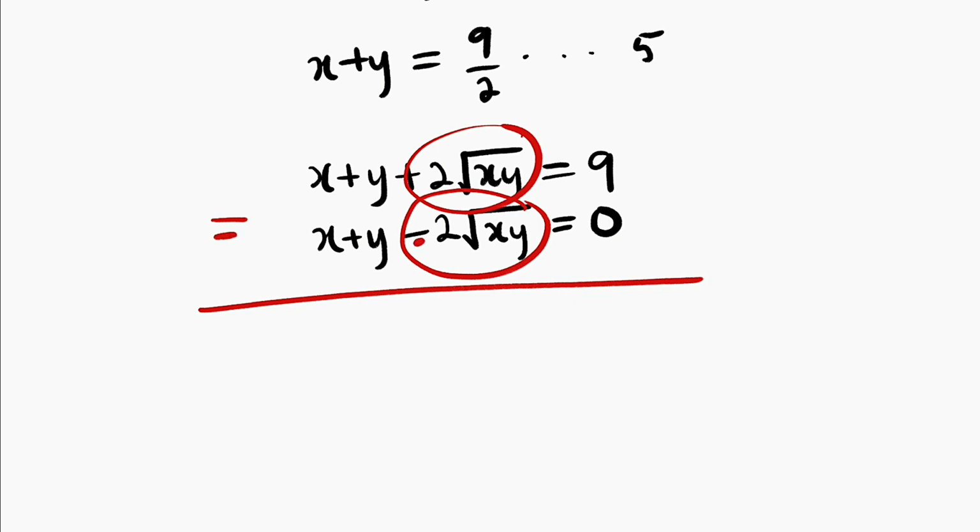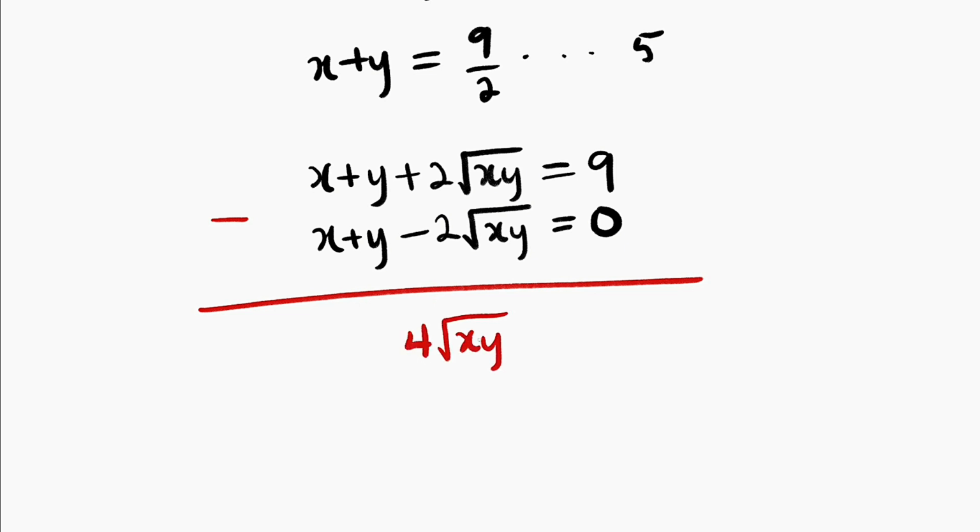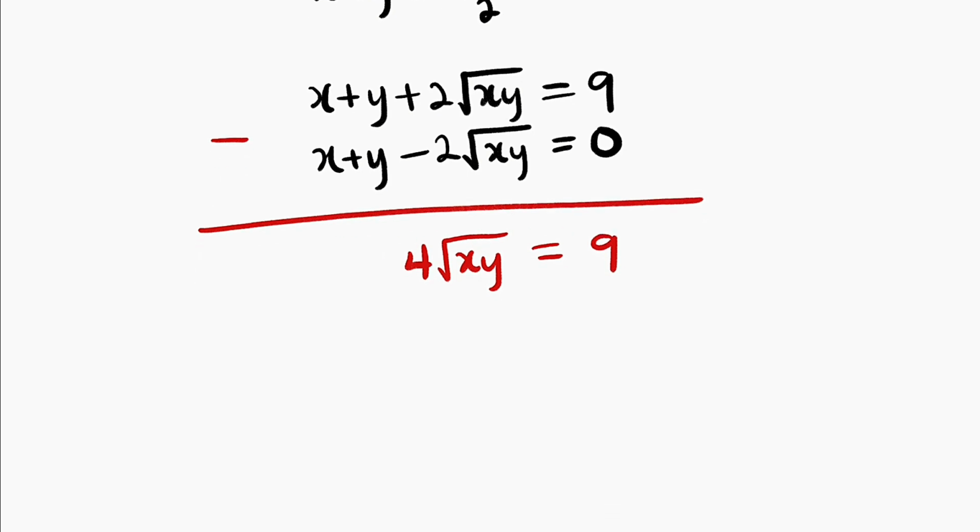So we have 4 root of xy, and to the right hand side we have 9 minus 0, which is the same thing as 9. And again, if you divide both sides by 4, you have root of xy equal to 9 divided by 4. Let me call this one equation number 6.